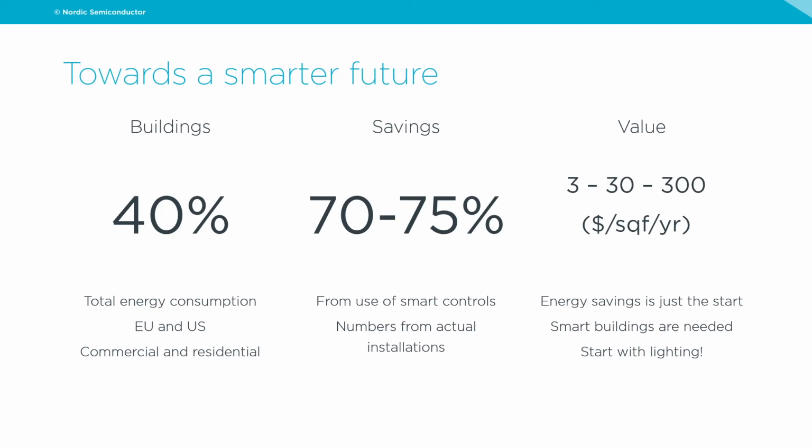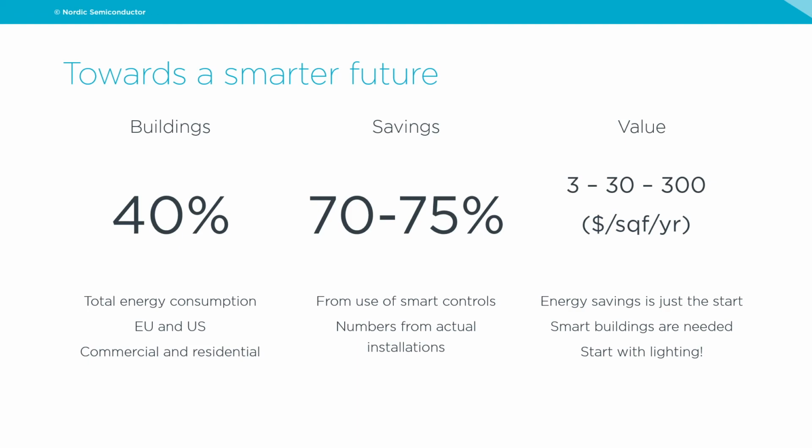Not all the energy consumption is lighting, but it's a significant part, and lots of the lighting is actually wasted. For example, if you go now in the part of the world where it's dark at night and you walk in the city and see offices at night, you will see them frequently lit up on all floors, and you will see very few people moving around. An important thing about this savings number is that it comes from actual installations. This technology is being installed as we speak, and it's based on true experience.